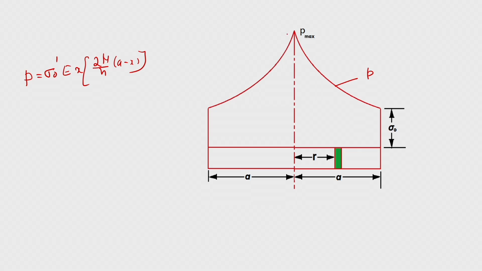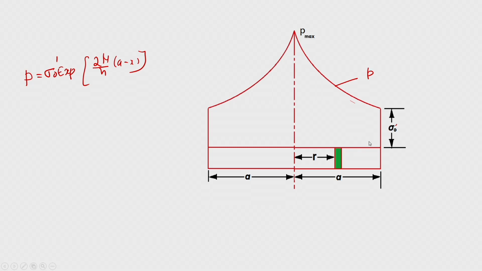So, at the center you will have a maximum pressure when x is equal to 0, and towards the free surface you will find that it is sigma 0, which is the assumption we have taken, we are getting at sigma 0 dash. So, it is not a straight line, but an exponential function, it will be coming down. So, with respect to any radial distance from the center, this is the variation.